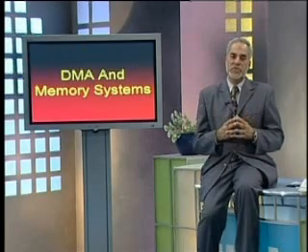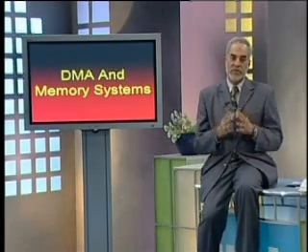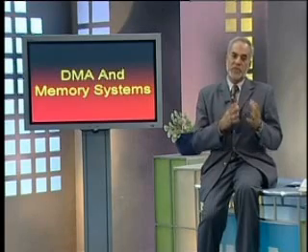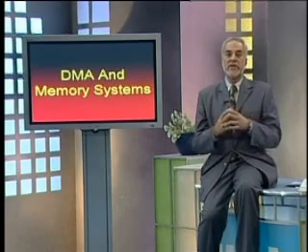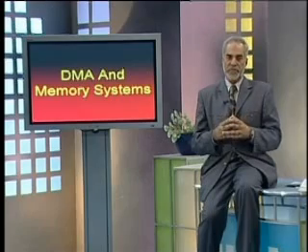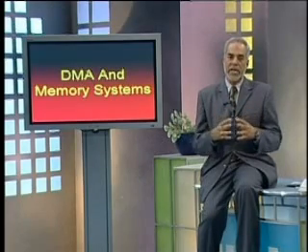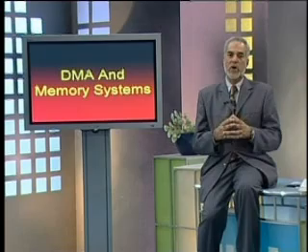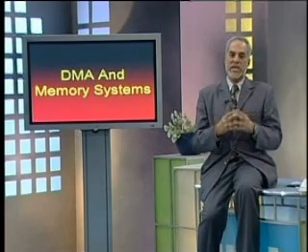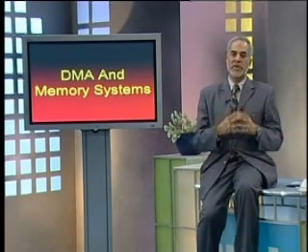Now, a number of questions would arise. First of all, we have virtual addresses and physical addresses. So how do we coordinate the activities of accessing the same memory by two different devices?